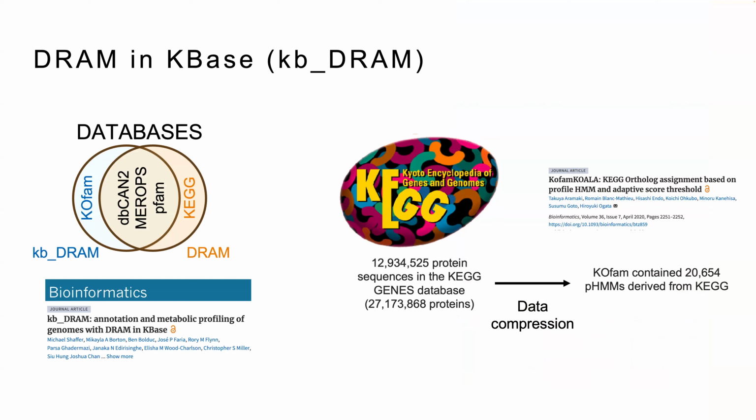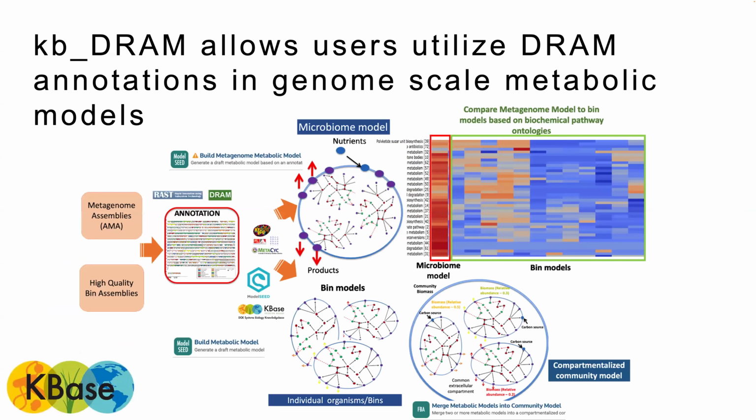However, the data is comparable, most of the data, and actually KOfam runs much faster in DRAM compared to running it with KEGG. But it's just something to be aware of. If you're running it in KBase, you're using KOfam rather than KEGG proper, and it's something to consider for methods.